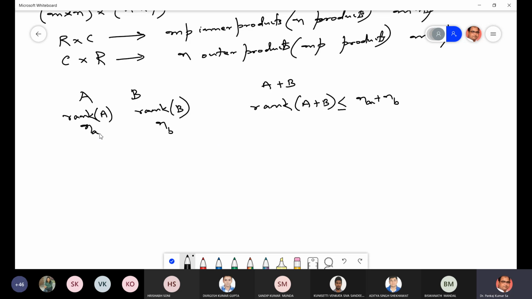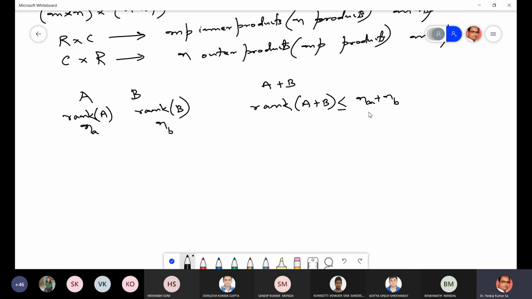You have na independent vectors and nb independent vectors, and when you add them together, they may be completely independent, or some of the vectors of B would be part of A as well.